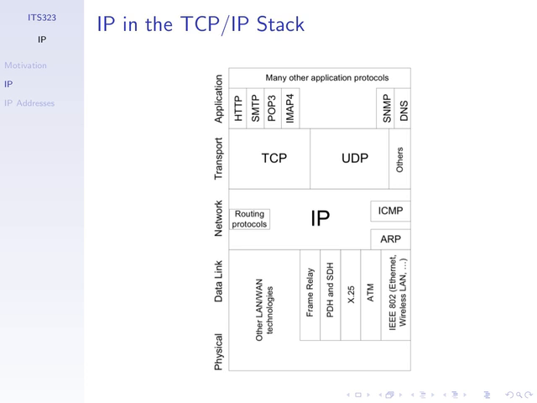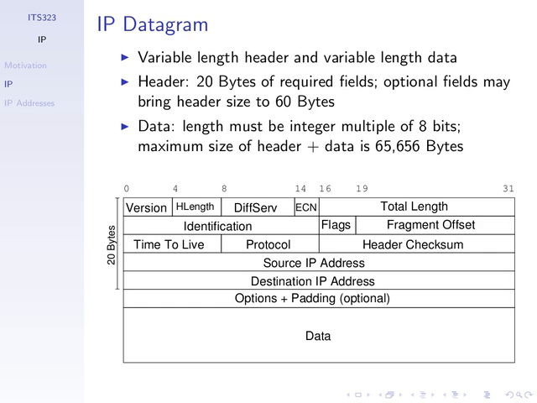The different transport protocols have numbers identifying them. TCP is the number 6, UDP is the number 17. So if TCP puts some data into our IP datagram, the protocol field will have the value 6, just to indicate that the data we're carrying is from the protocol TCP.